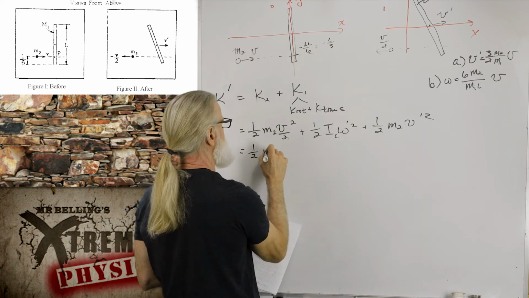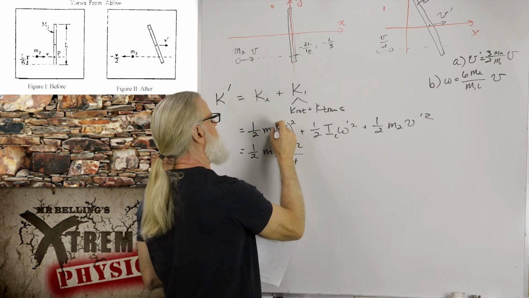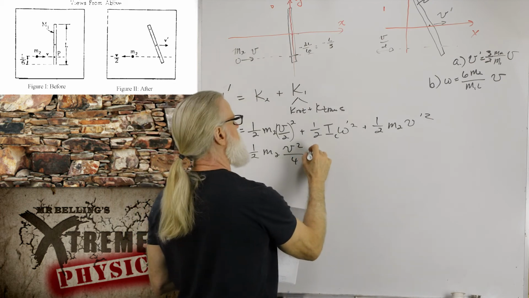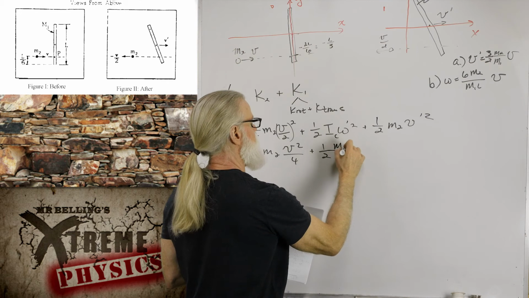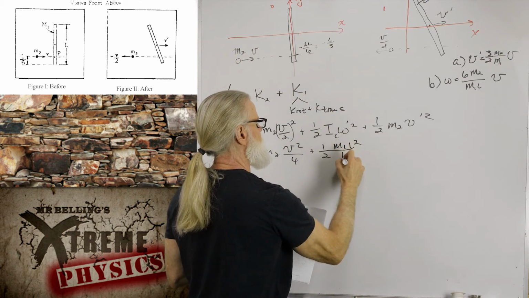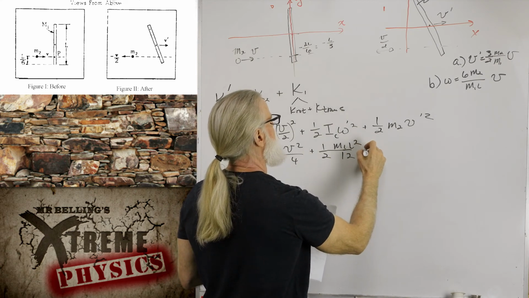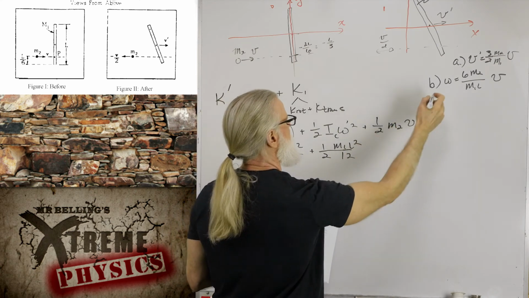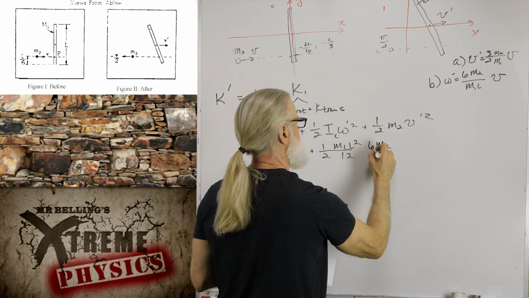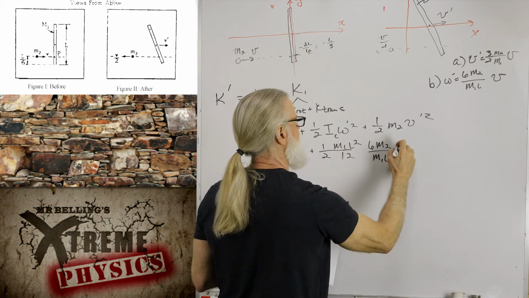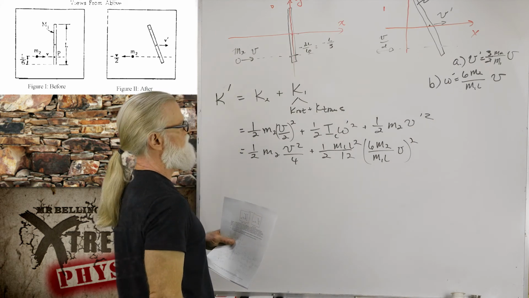So what do you got? 1/2 m2 (v squared over 4), should add a parentheses around that, plus 1/2 m1 L squared over 12 times omega prime, which is 6 m2 over m1 L v, squared, right?